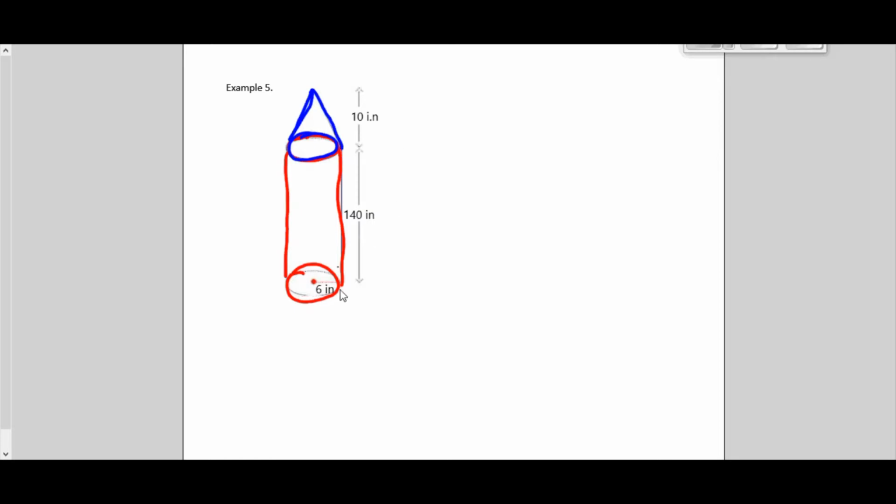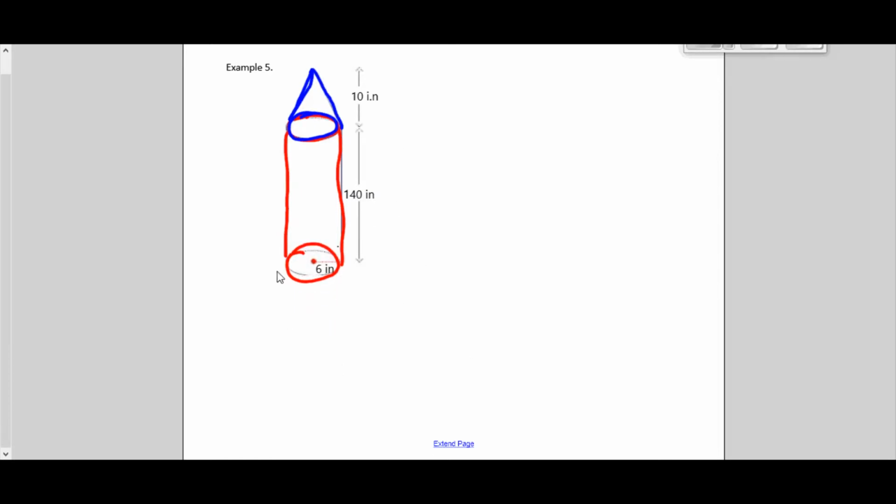So if I'm going to find the volume of this shape, I'm going to find the volume of the cylinder. And we know that in the cylinder, there is a radius of 6. So the radius is 6 inches. And they show us the height of the cylinder is 140 inches.